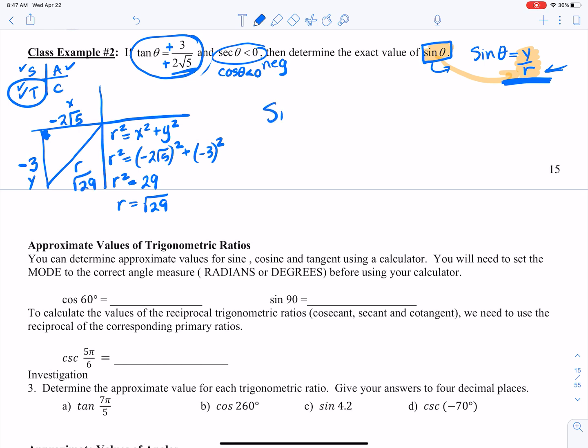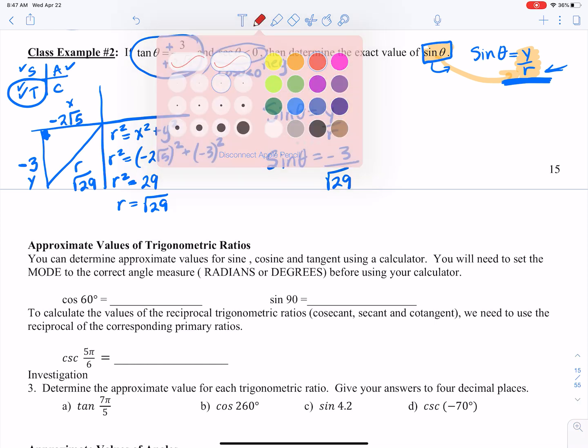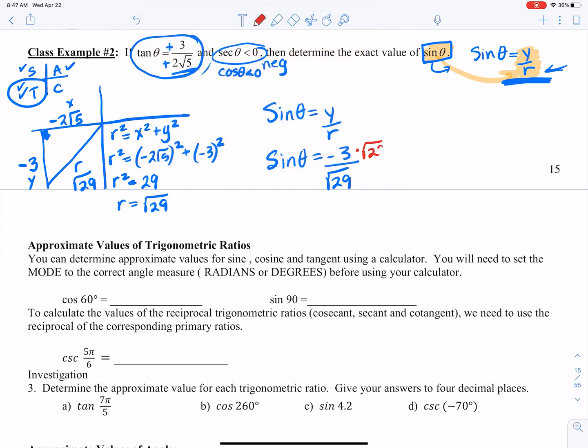Now, my last step is to answer the question. So I know that y is equal to negative 3, and I know that r is equal to the square root of 29. And just good practice here to always rationalize the denominator.